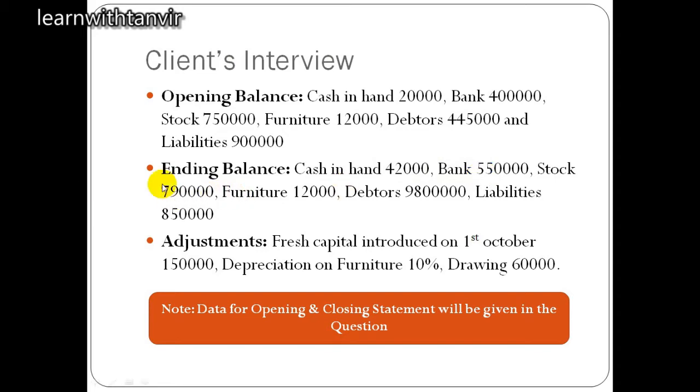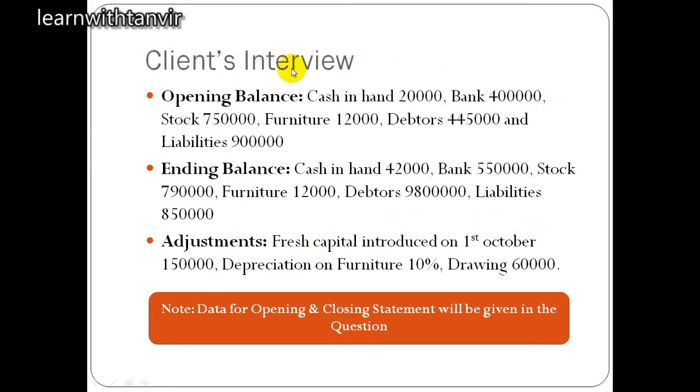Stock was 790,000 and furniture the same figure, 12,000. Debtors were 980,000 and liabilities were 850,000. Now you will calculate profit and loss through this information.